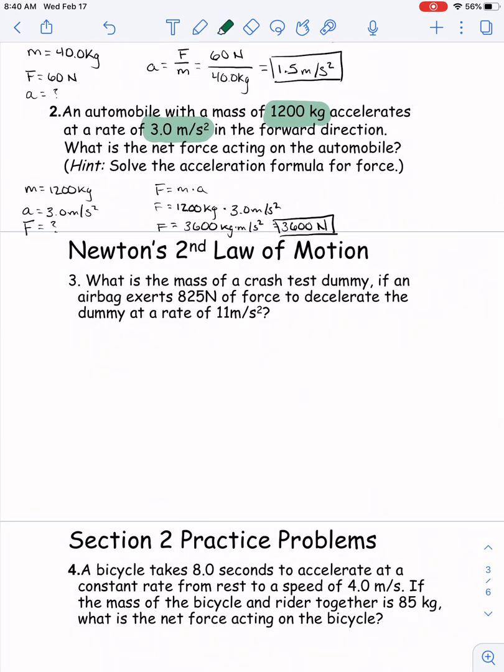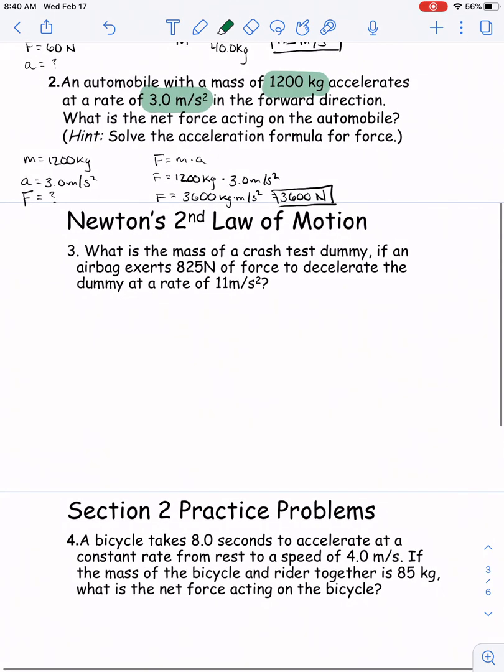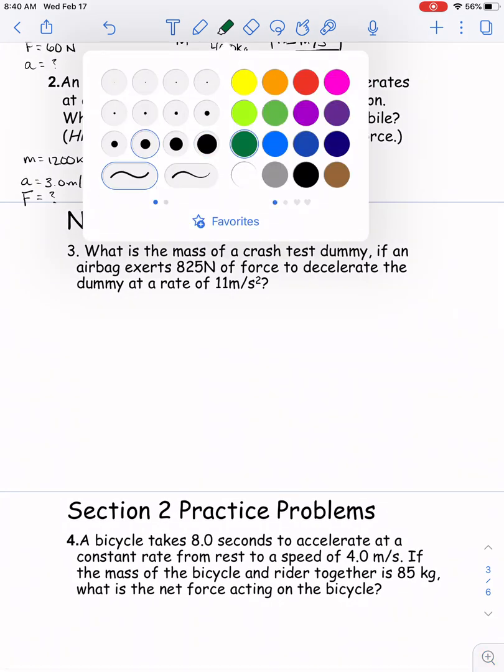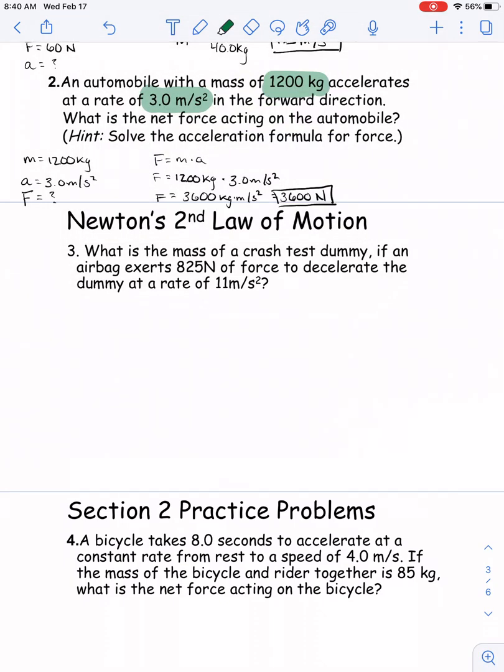Another example problem here. Again, remember, number hunting is a pretty good strategy where we have 825 newtons. So newtons is the unit of force. And we have this acceleration unit, 11 meters per second squared, being the unit of acceleration.